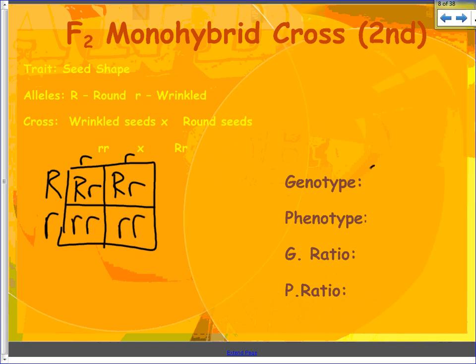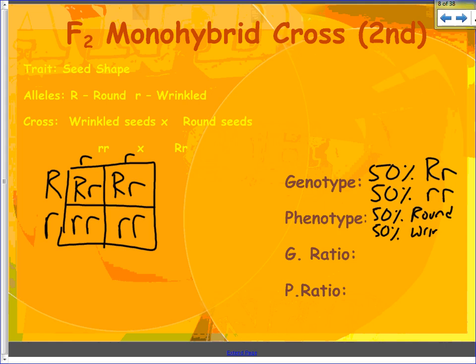We would see that there are, genotypically, 50% big R, little r, 50% little r, little r. The phenotype with this would be 50% round, 50% wrinkled. The ratios would be a 1 to 1 and a 1 to 1. Okay, and that's if it was a heterozygous.